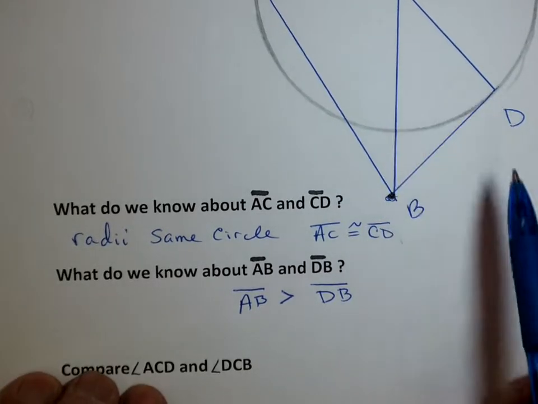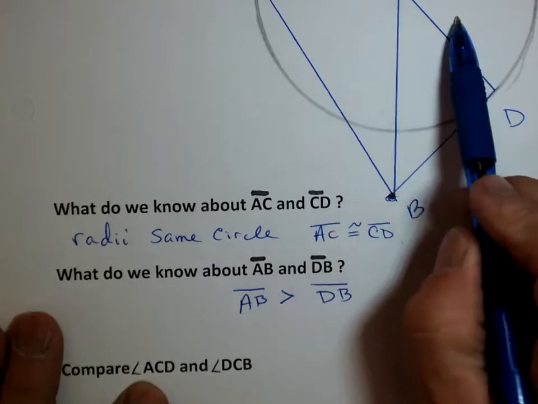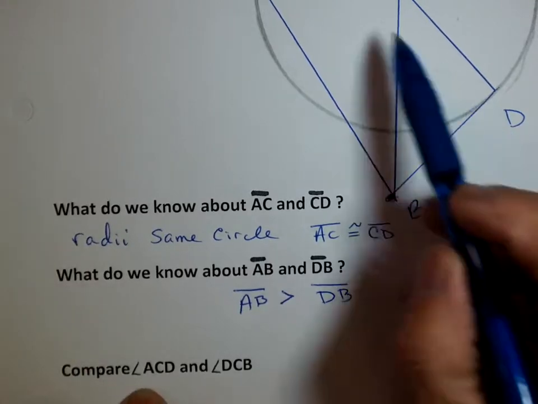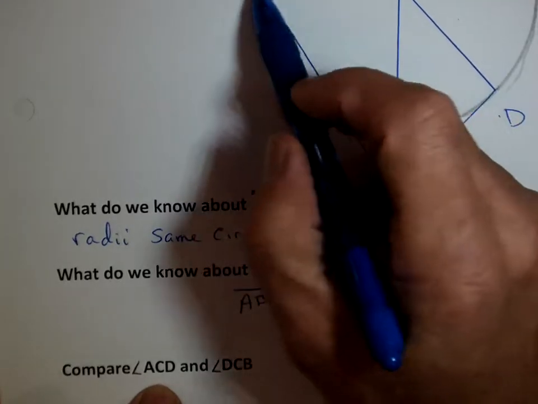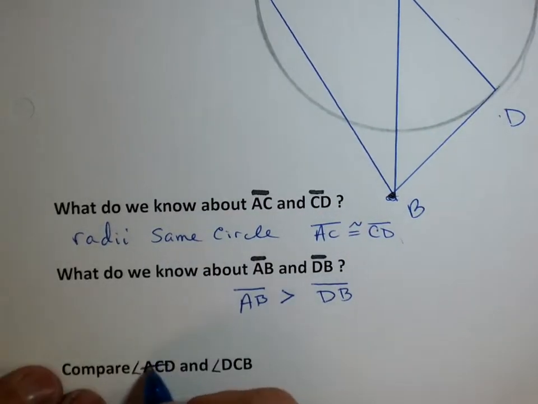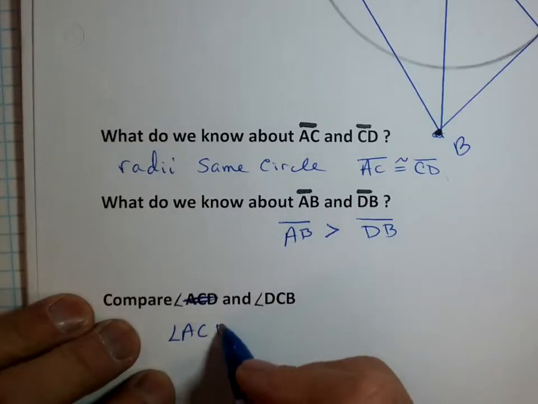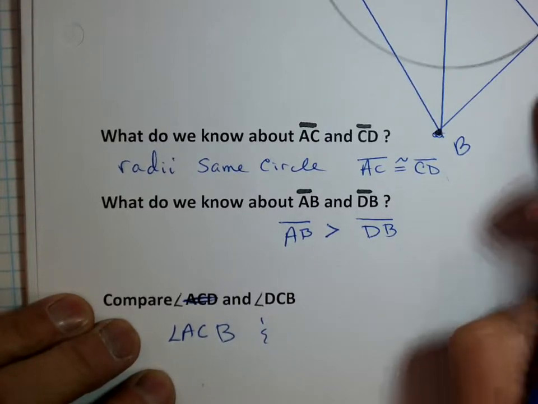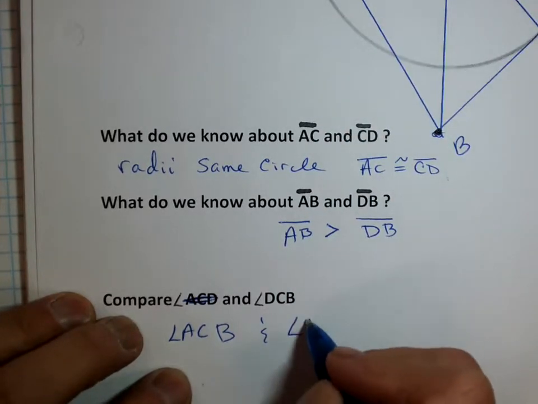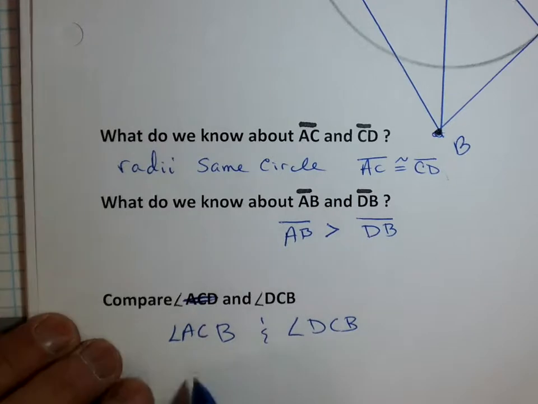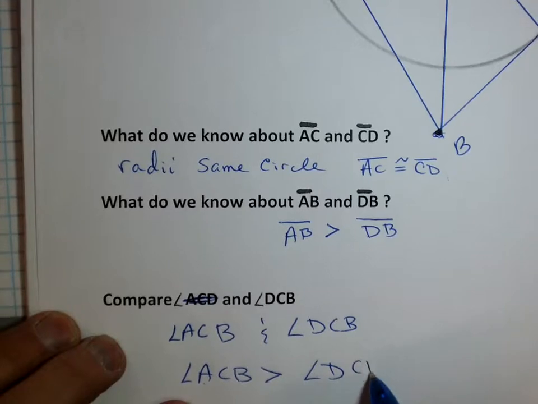So I know that angle ACB, I meant to say ACB, my bad, angle ACB, and angle DCB, that's correct. Hopefully you're going to say that angle ACB is greater than angle DCB.